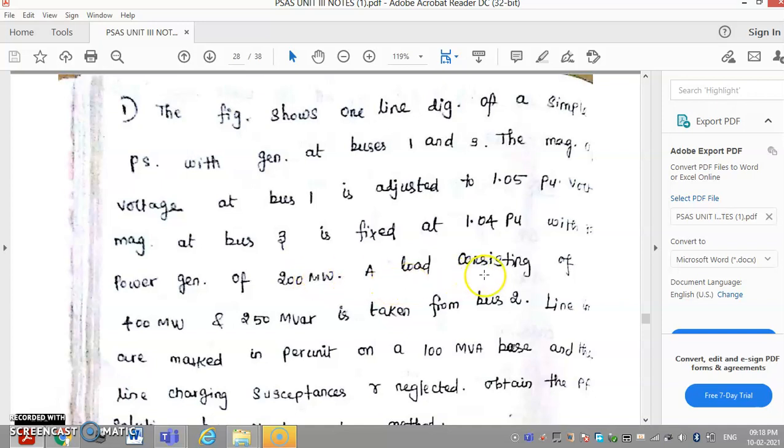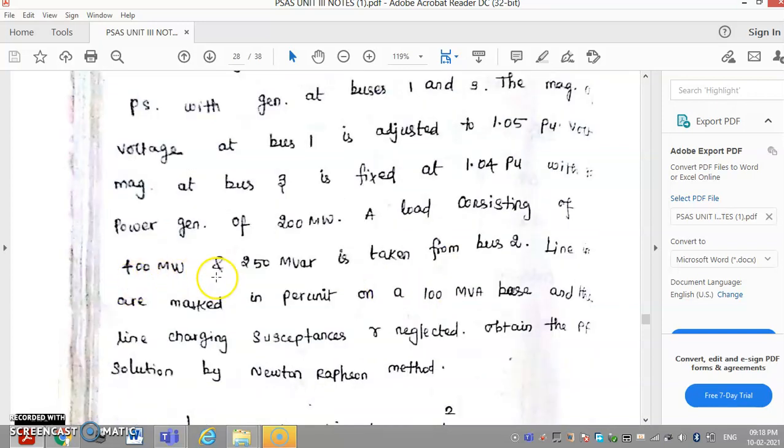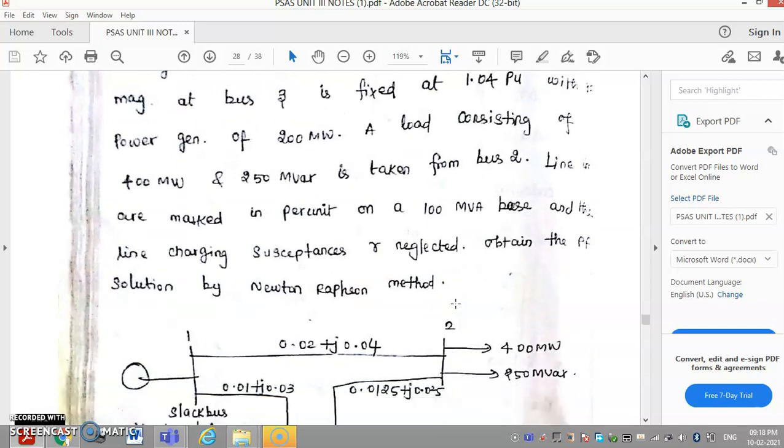A load consisting of 400 megawatt and 250 MVAR, that is reactive power, is taken from bus 2. Lines are marked in per unit on a 100 MVA base, and the line charging susceptances are neglected. Obtain the power flow solution by the Newton-Raphson method.